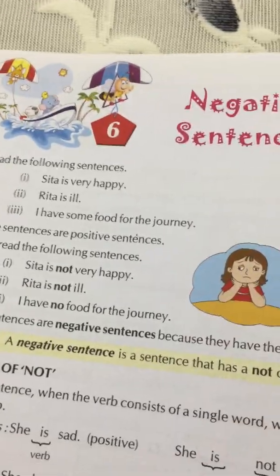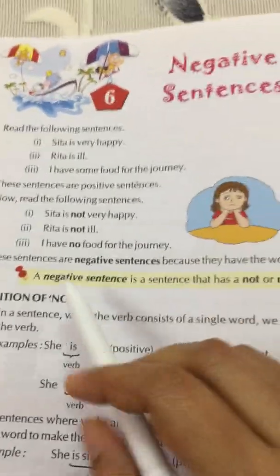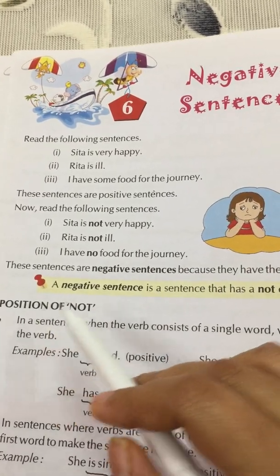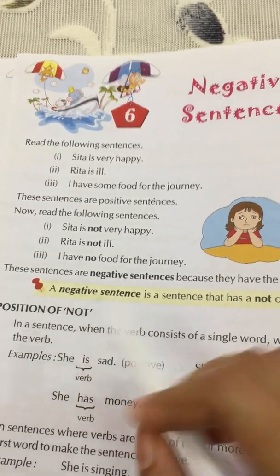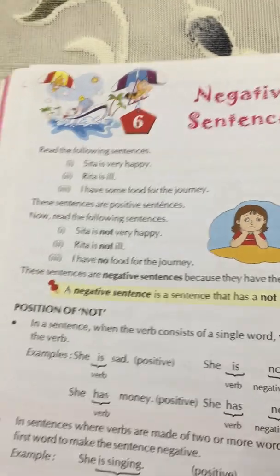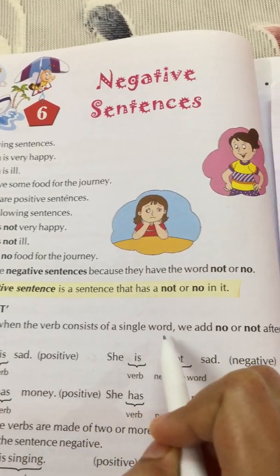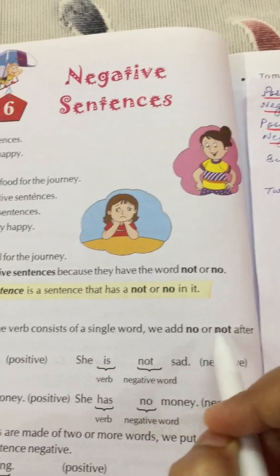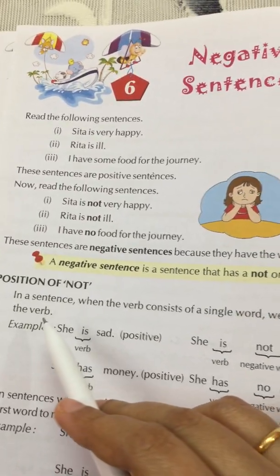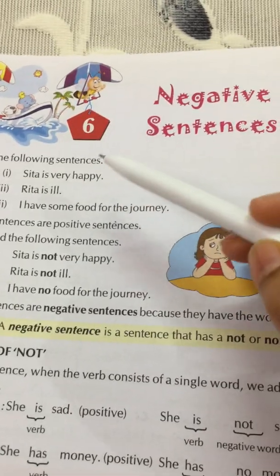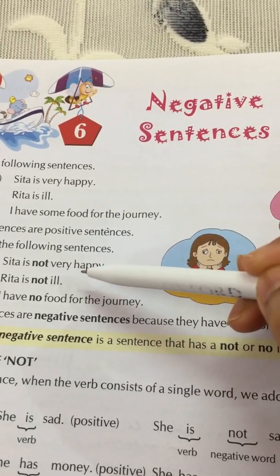Now, position of not. In a sentence, when the verb consists of a single word, we add no or not after the verb. So, you know what is a positive sentence and a negative sentence?